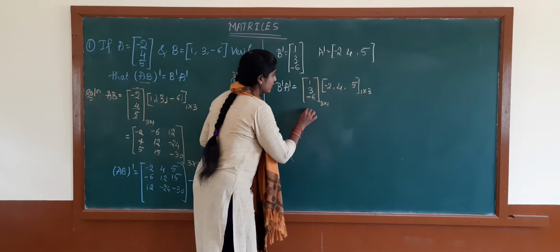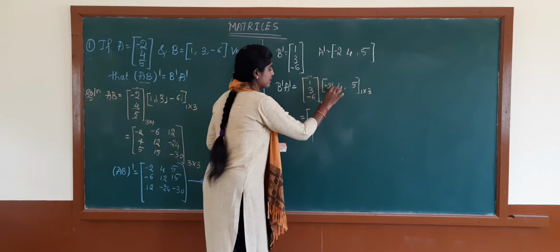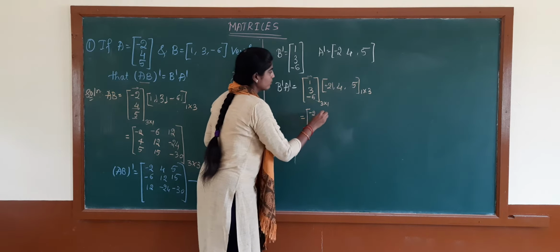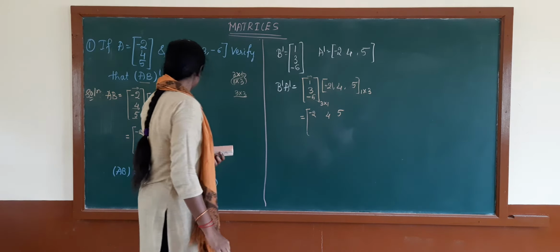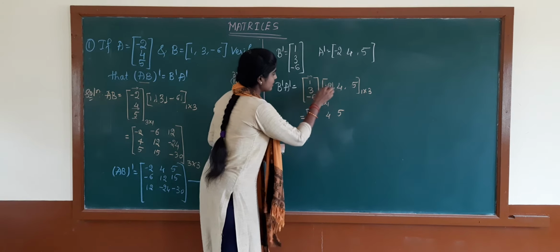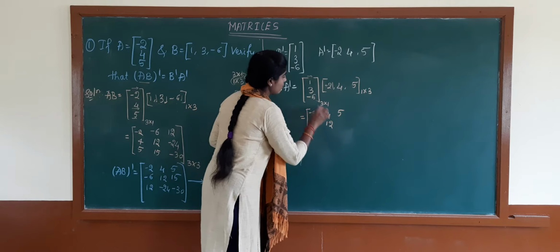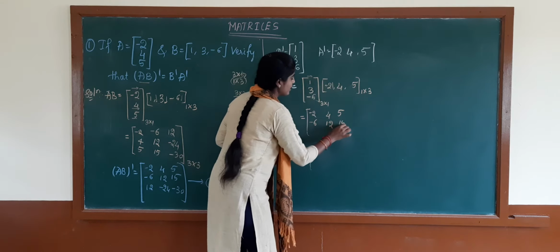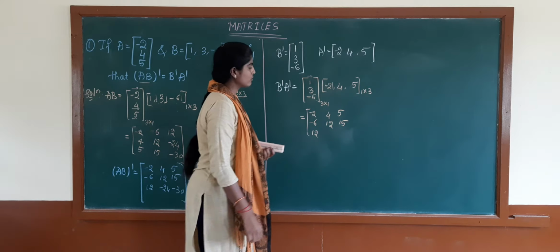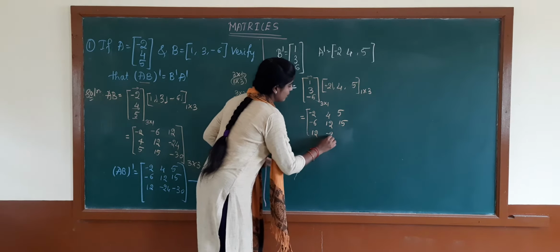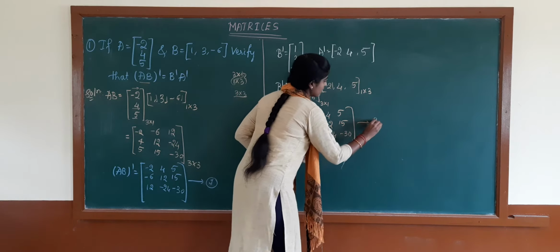So first row, first element, that is minus 2, 4, 5. Next 3 into minus 2, minus 6, 12, 3 into 5, 15, minus 6 into minus 2, plus 12, minus 24, minus 30. Consider it as equation 2.